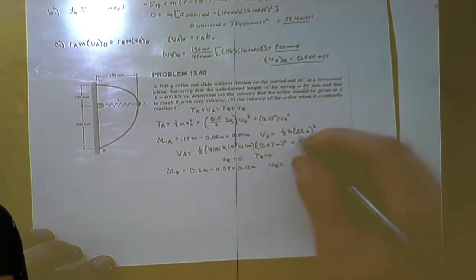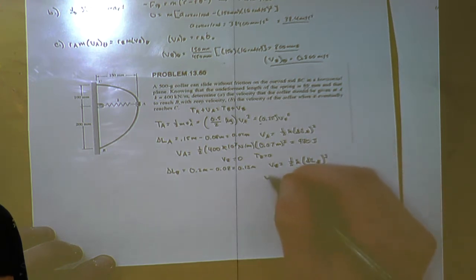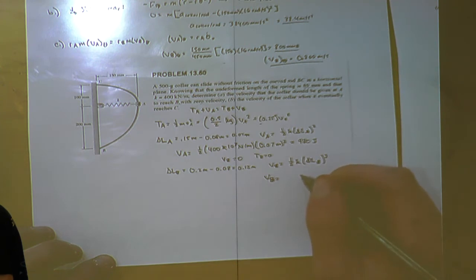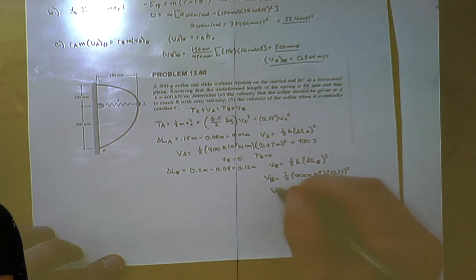So the potential at B is 1/2 k times the change in length at B squared. V_B is 1/2 times 400 times 10 to the third times 0.12 squared. So V_B is going to be 2,880 joules.